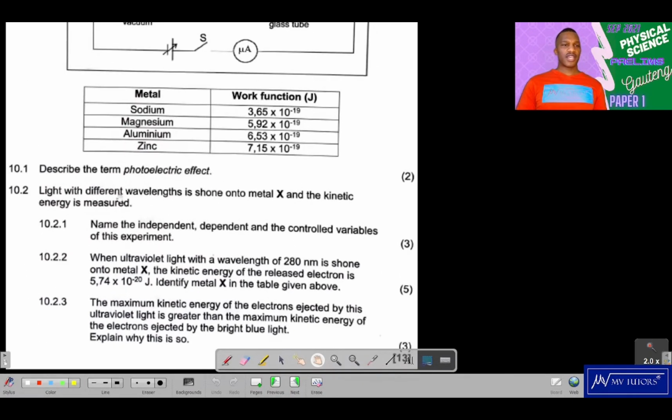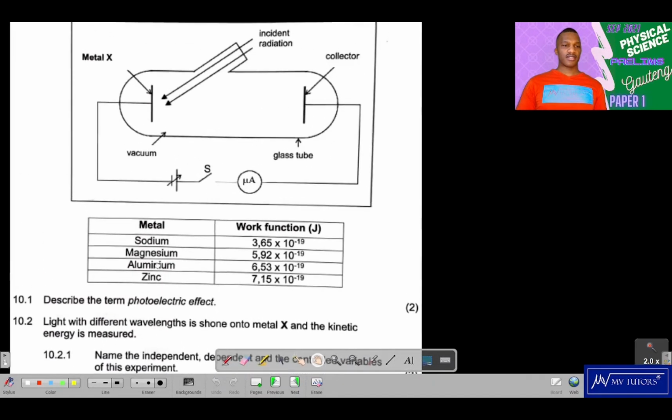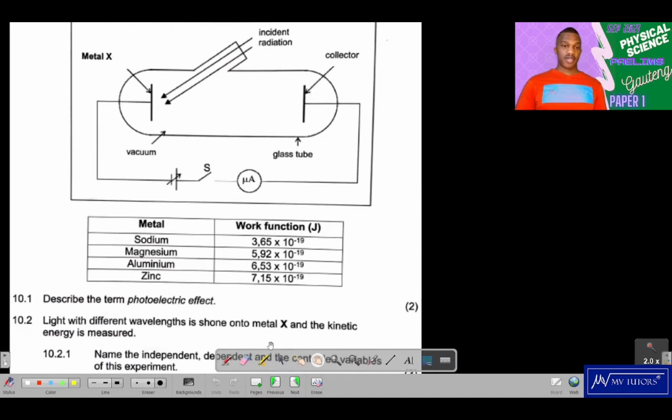First of all, they say 10.1, describe the term photoelectric effect. Okay, let's do that. Let's get a pen. Let's describe it. You should know it by now, but I don't want to assume that you do, so I'm just gonna write it down for you.